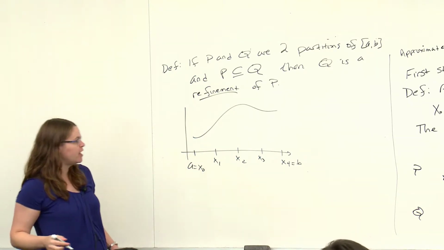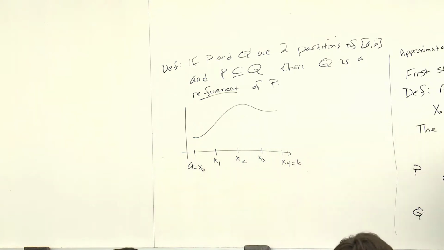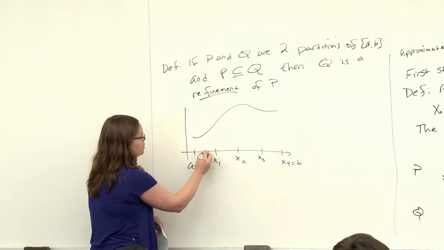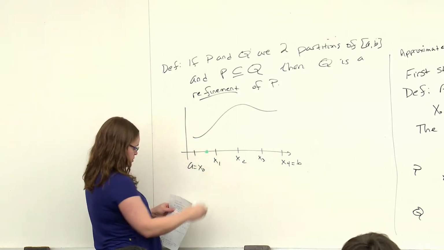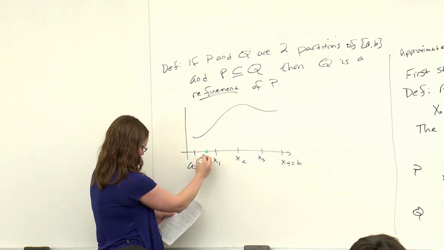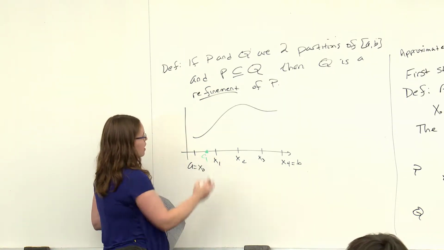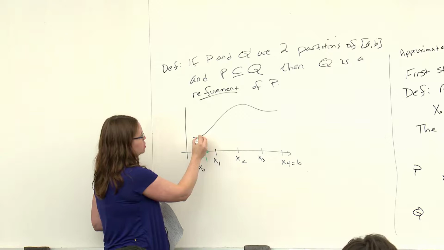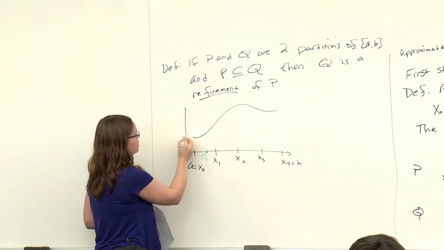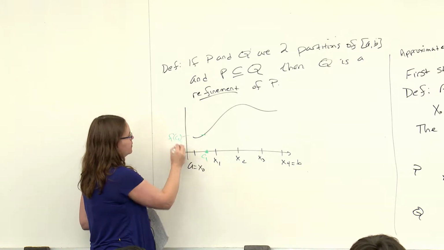So in order to pick the height, maybe I'll get a different color pen. In order to pick the height, what I'm going to do is just pick any one value in each interval. So I might decide right here, this is going to be a value that I pick, maybe c1. And then I'm going to say, let's look at the function value here at c1. And that's going to be my height. So here, this is f of c1.